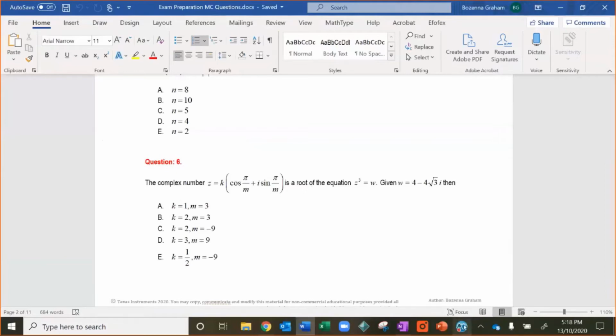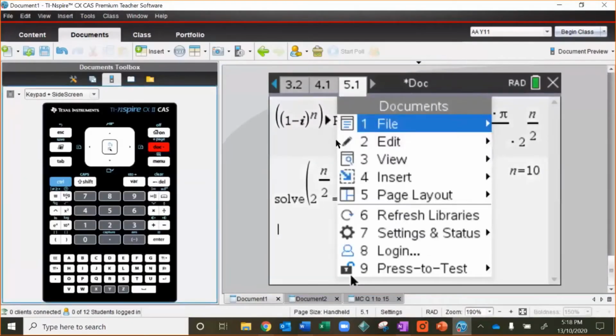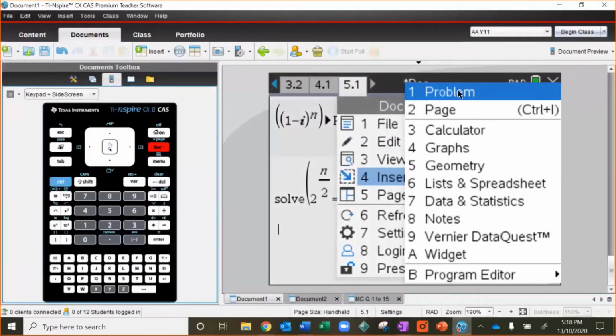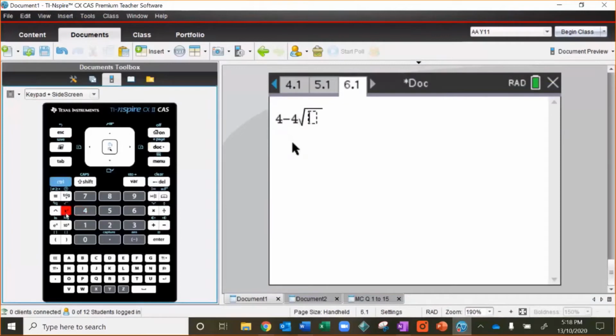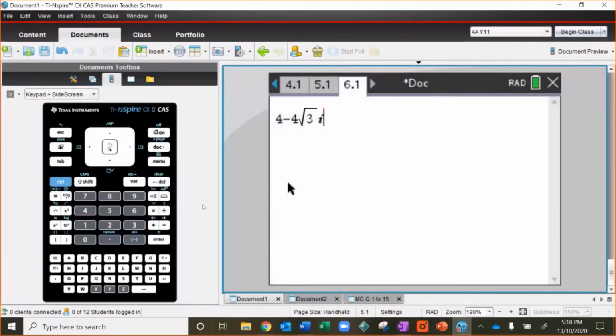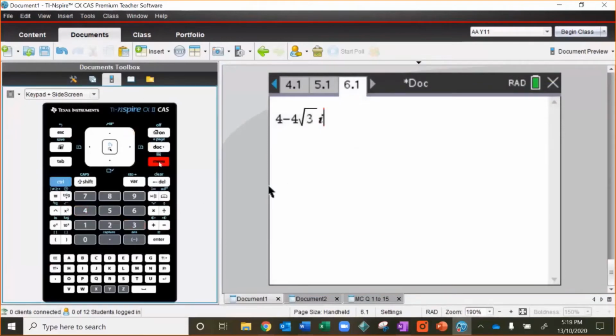So we'll try to use a calculator again. So insert problem, calculator. This time our complex number was 4 minus 4 square root 3, jump out i, and again we wish to convert to polar.